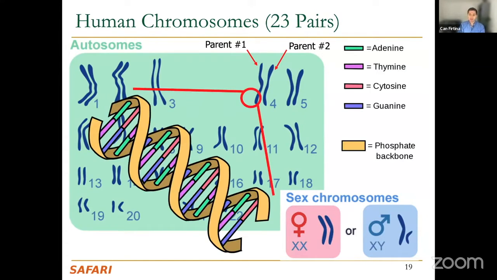If you look even more closely, what we're going to see is this famous double helix structure of the genome, right? This is essentially a chromosome, and the structure of it is actually even more complex than this.